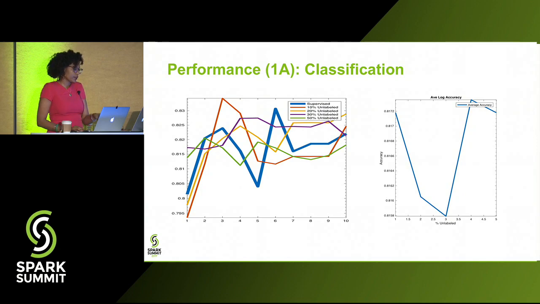There was also a marked decrease in accuracy around the 30% unlabeled for the average log accuracy. So this is logistic regression, where we're kind of just saying, did the stock decrease or increase? And so we're showing the output of that prediction. I'm not sure what happened for the average there, but again, these are not large or dramatic differences.